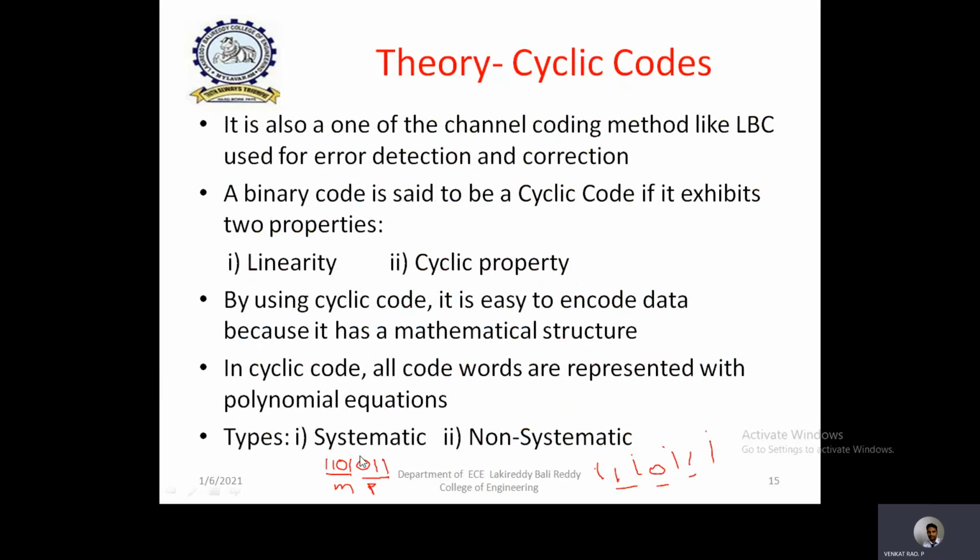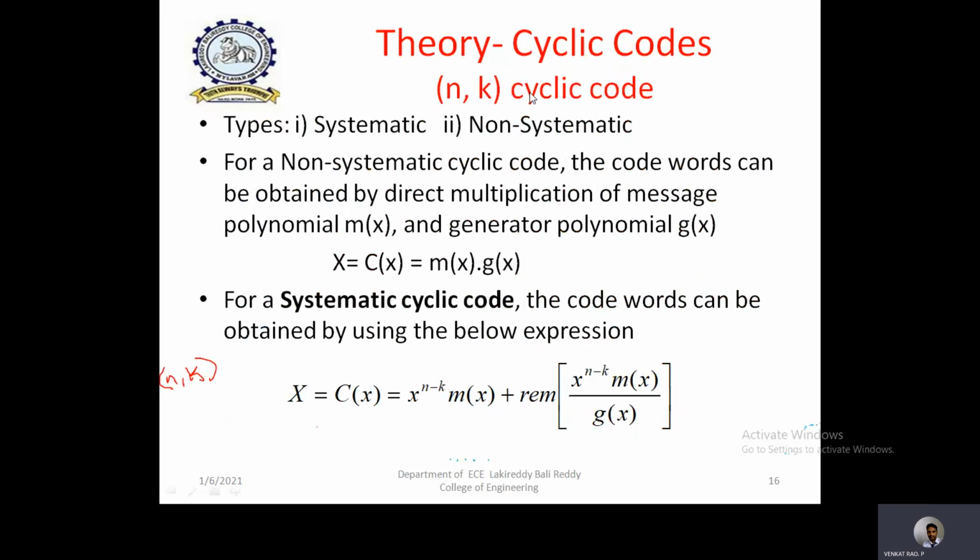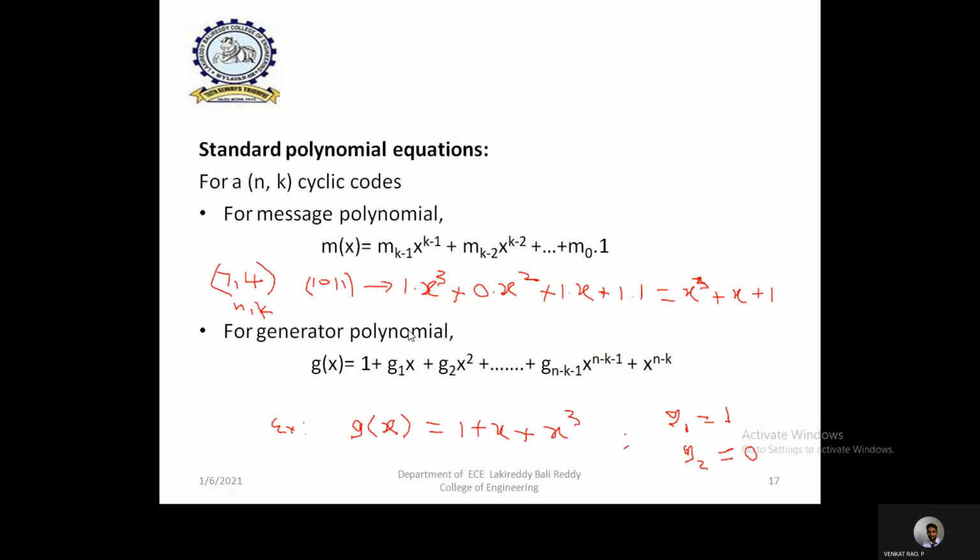So 4 bits are there. For this particular type, we can say that it is a 7, 4 cyclic code. So based on n comma k values, we need to substitute here. In general, practical analysis, systematic cyclic codes are generally used. So in our experiment also, we have used systematic cyclic code, and we'll see that.